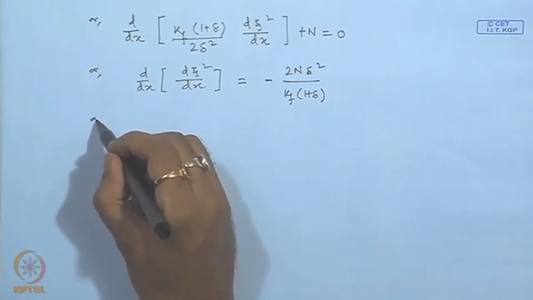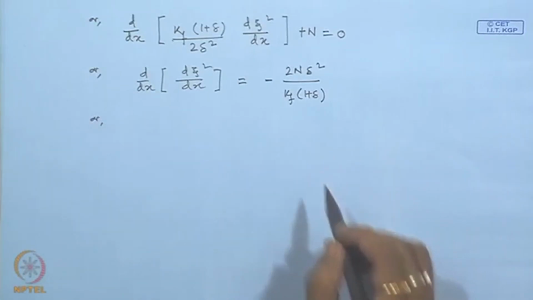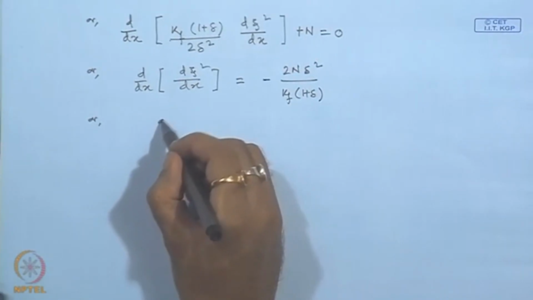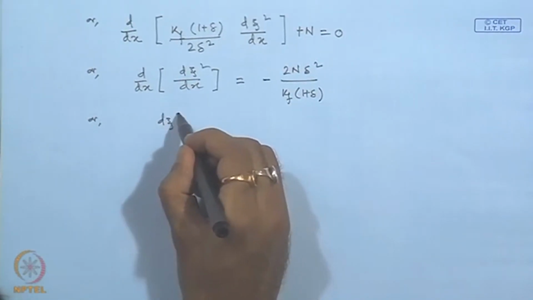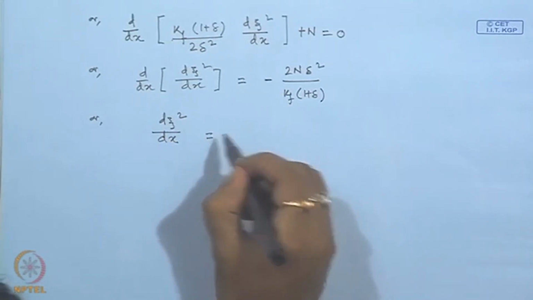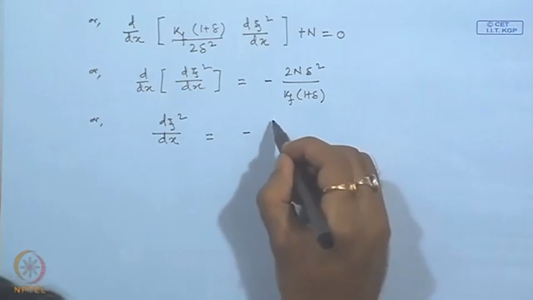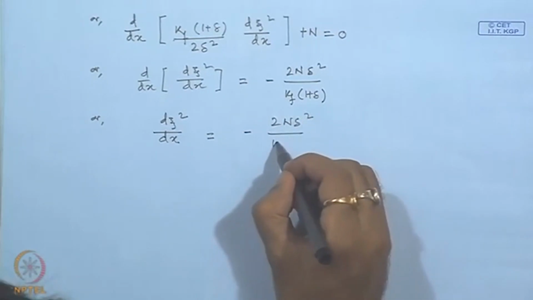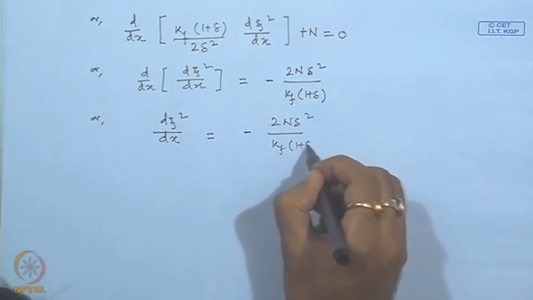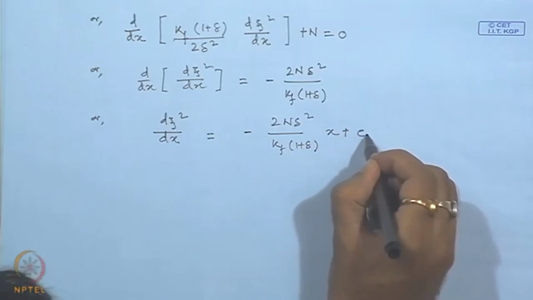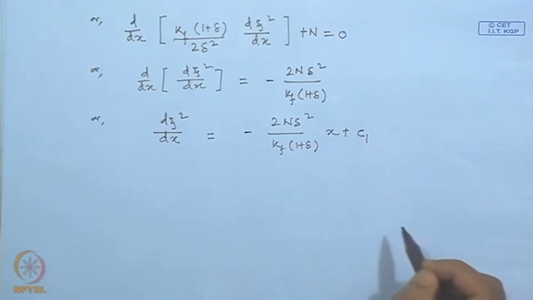So from this one we can derive d xi square by dx equals to minus 2 n delta square by Kf (1 plus delta) x plus C1.